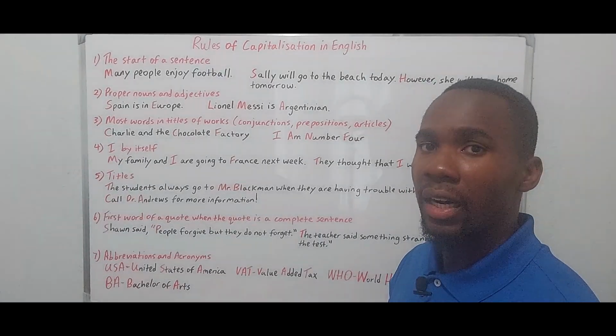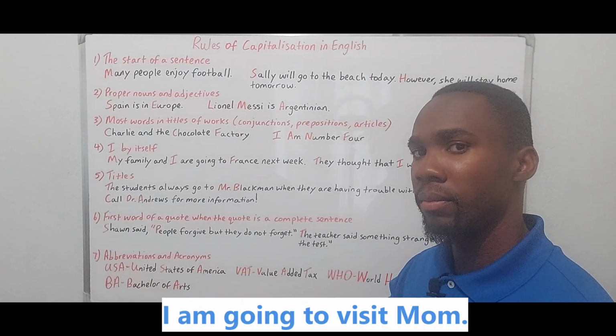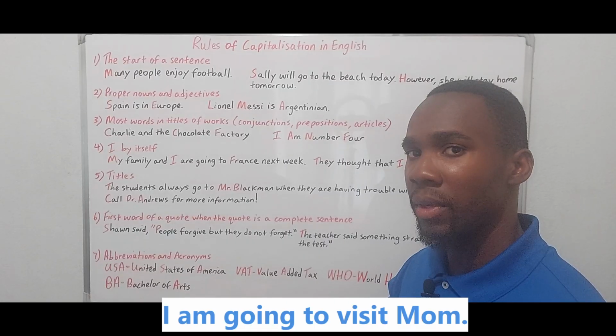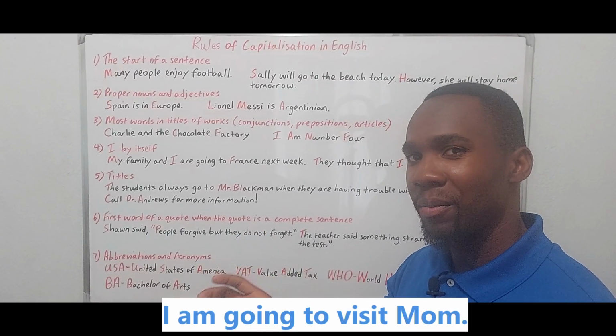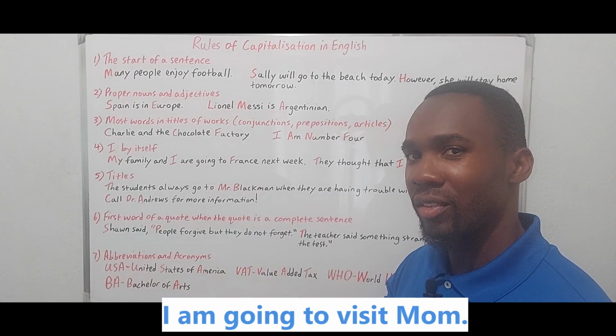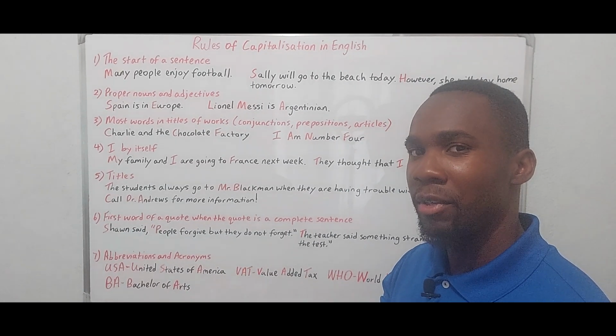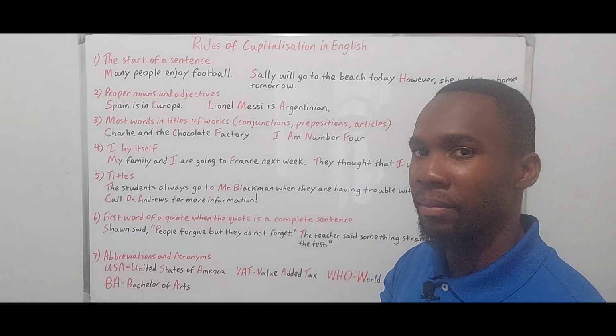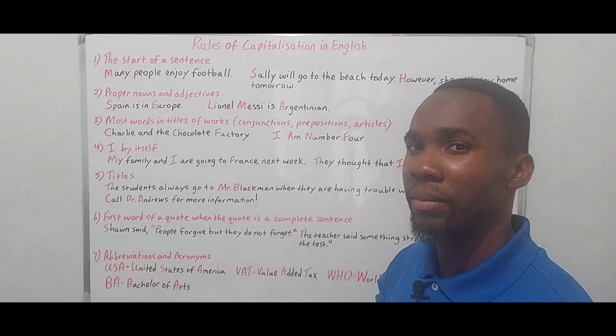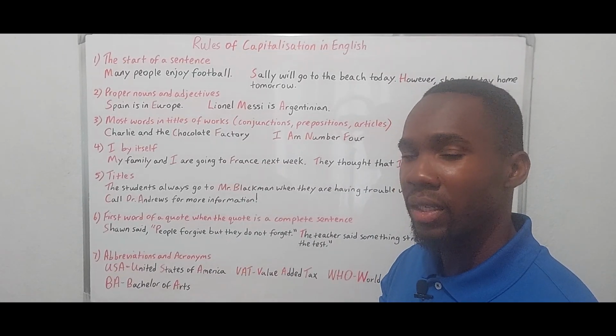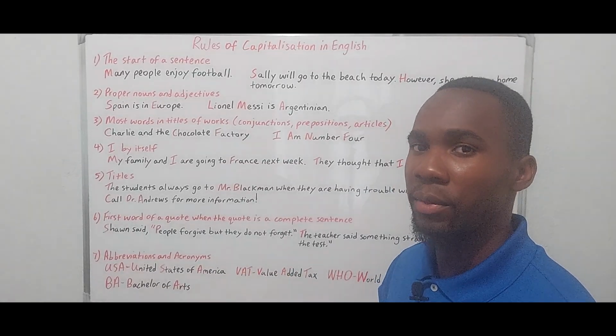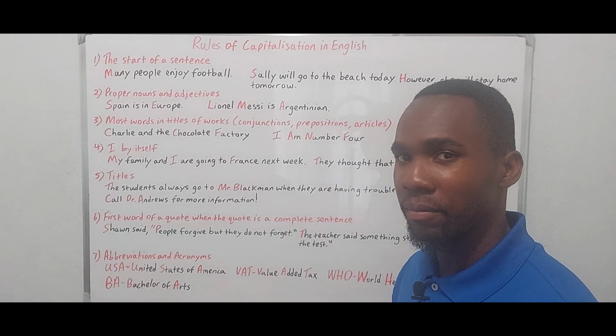But if I say I am going to visit Mom and I use a capital M, that Mom is specific because that mom can be replaced by her actual name. So Mom replaces her name. So in that context, Mom is acting as a proper noun. So we capitalize it, right?